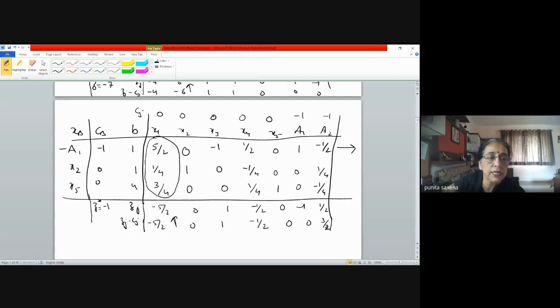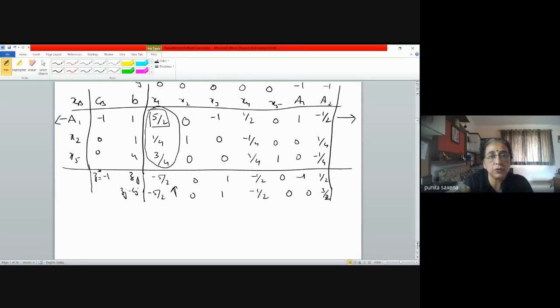So A1 leaves and X1 enters, and 5 by 2 is your pivot element. So that means we have to make this 5 by 2 1. So basically multiply R1 with 2 by 5, right? And then change R2 and R3 to make 1 by 4 and 3 by 4 0.